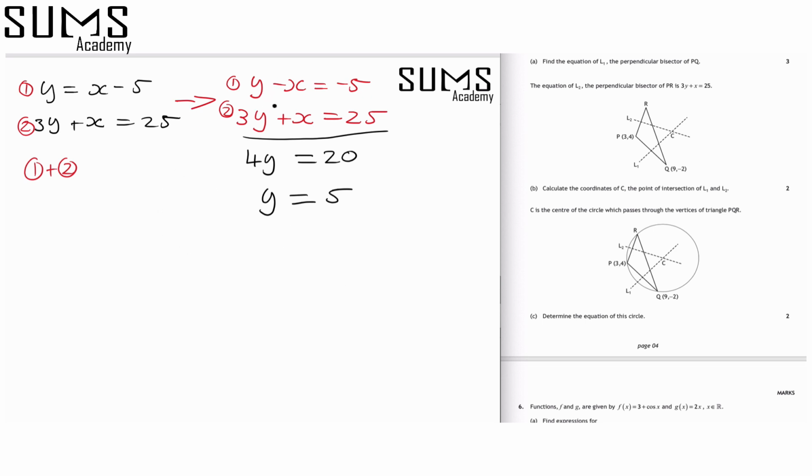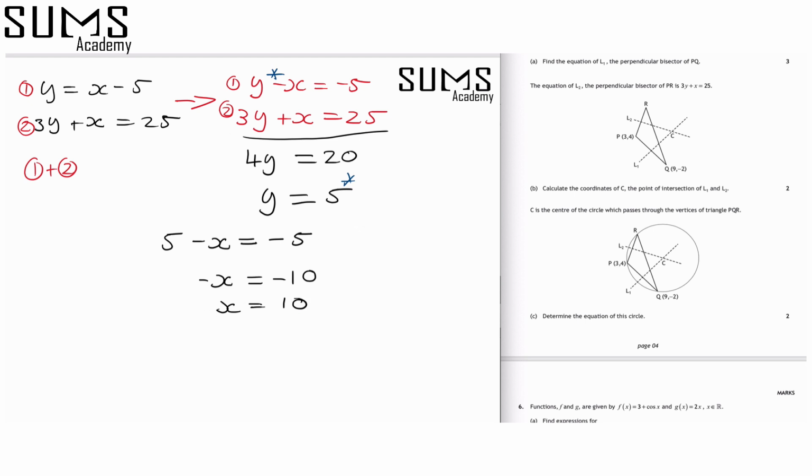So we'll substitute it back into this one. We'll do 5 minus x equals negative 5. So now we get negative x equals negative 10, which is the same as saying x equals 10.